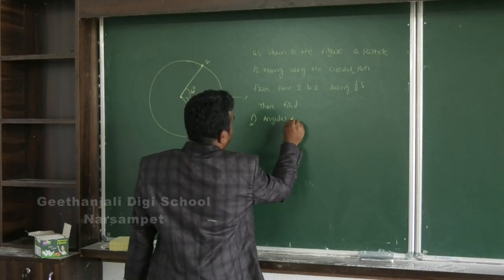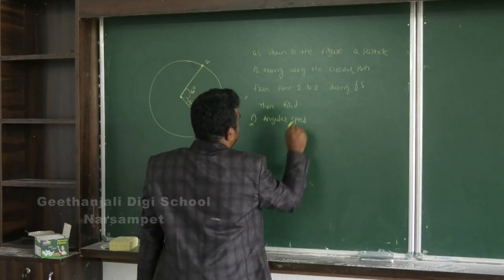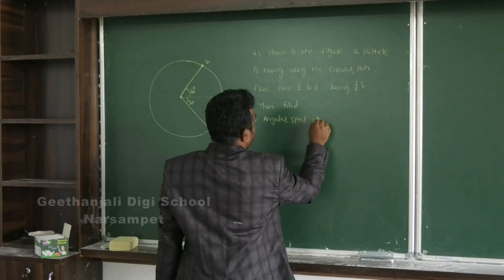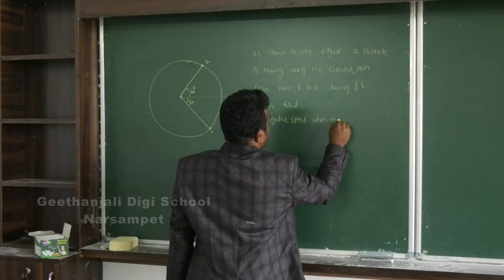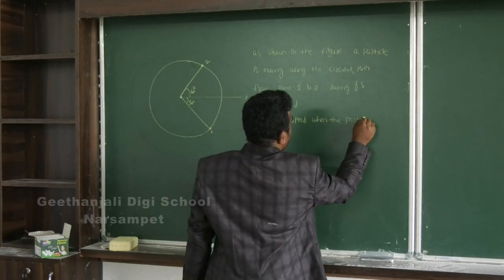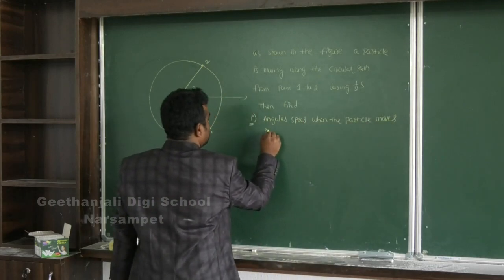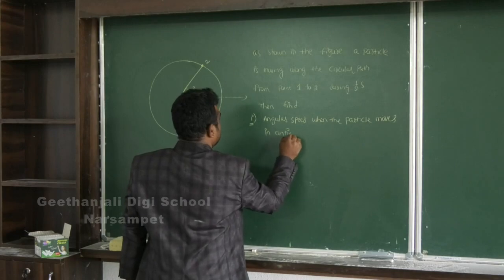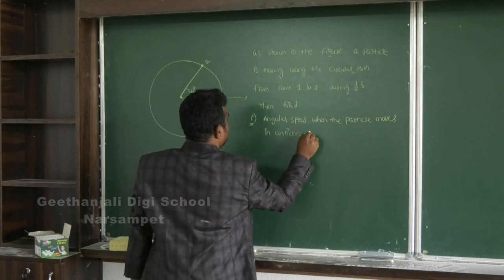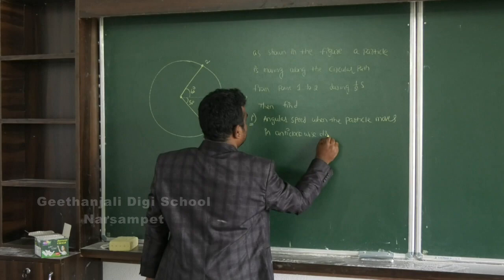Then find number 1, angular speed when the particle moves in anti-clockwise direction.